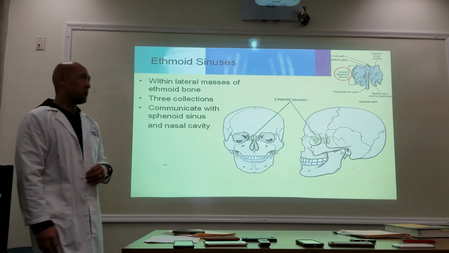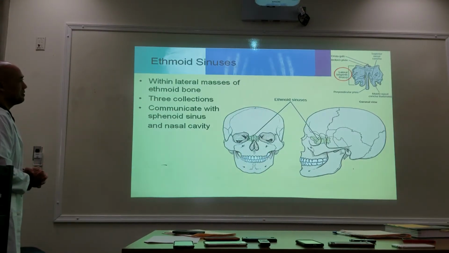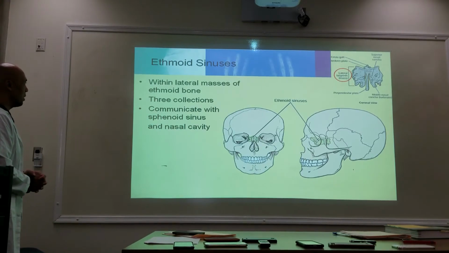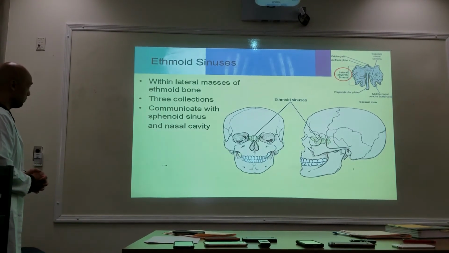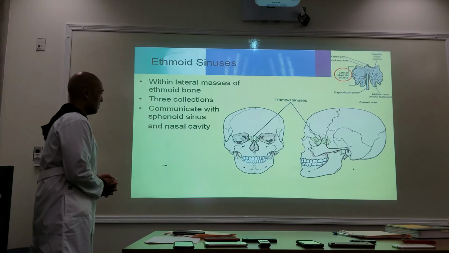Okay. Ethmoid sinuses are found in the ethmoid bone, within the lateral masses of the ethmoid bone. They communicate with the sphenoid sinus and also the nasal cavity.